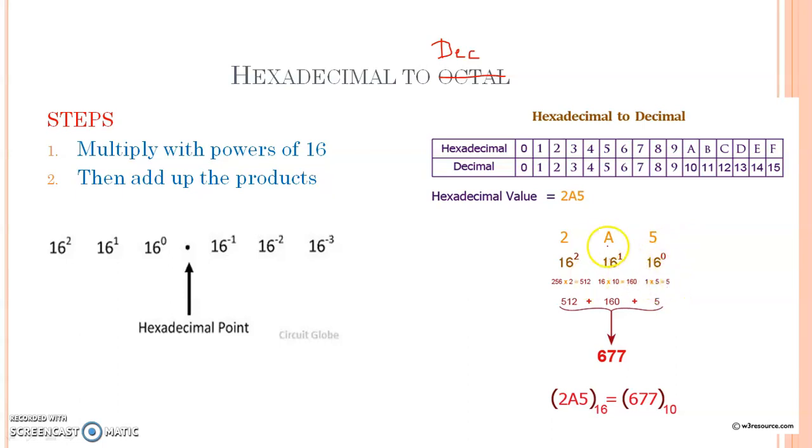And A into 16 raised to 1: A is the decimal number 10, so 10 into 16. Then 2 into 16 squared. So you'll get the answer as 512 plus 160 plus 5, so it is 677 to the base 10.